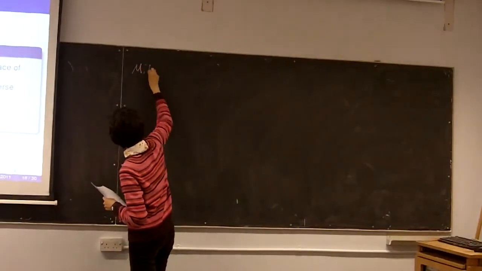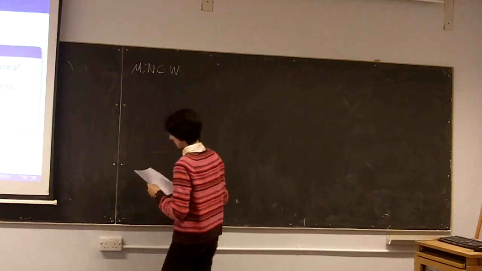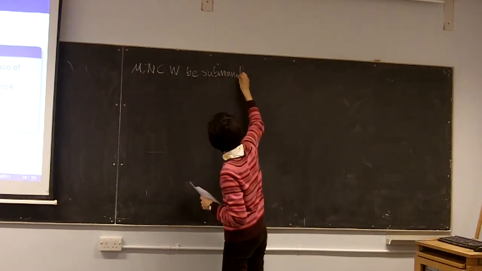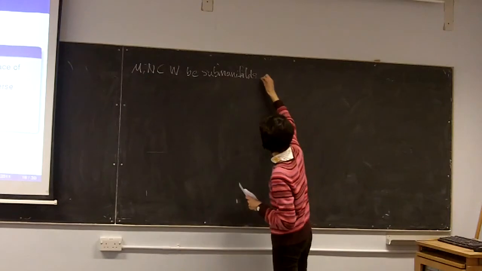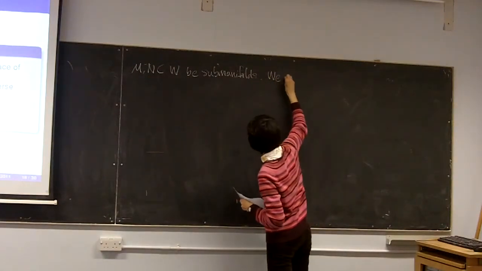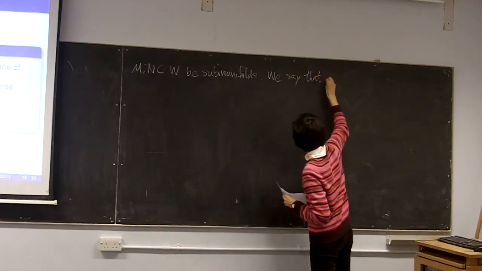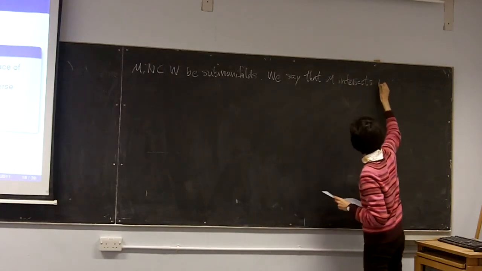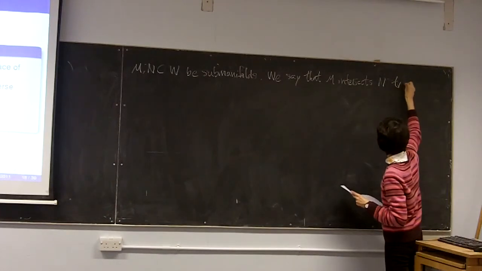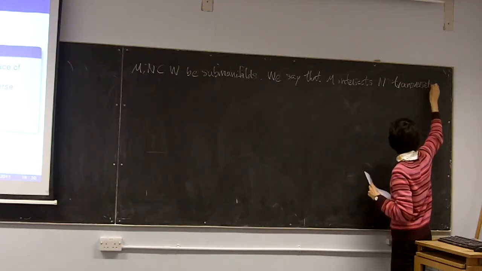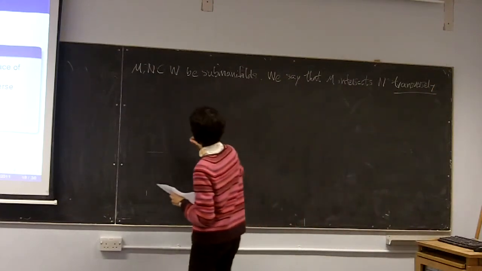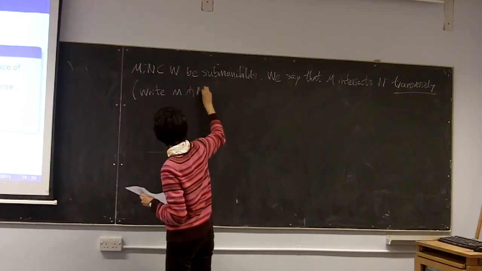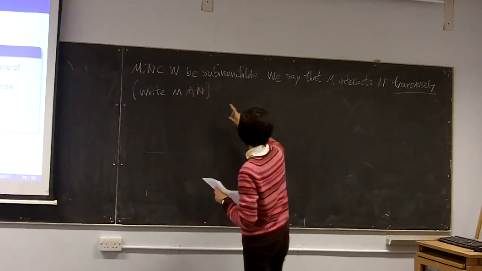So let's consider M and N, two submanifolds of W. Then we say that M intersects N transversely, and we write it with this notation.